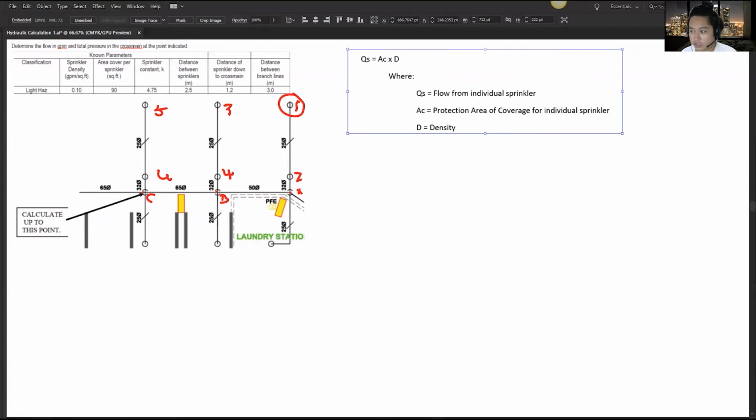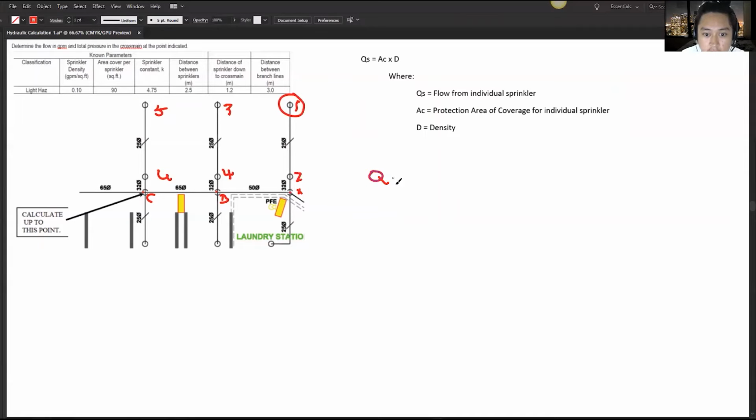Now we can solve this one. That's Qs. Our protection area of coverage is 90 square feet, so Qs is equal to 90 square feet multiplied by the density, which is 0.10 GPM per square foot.